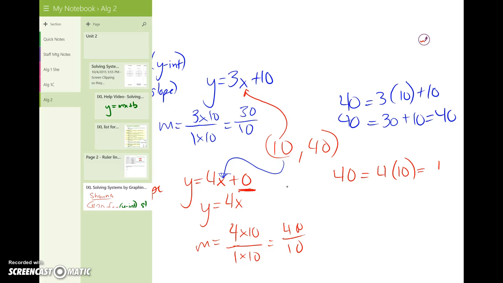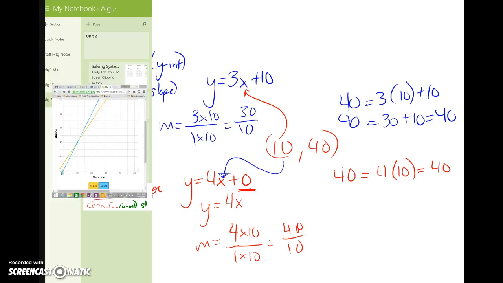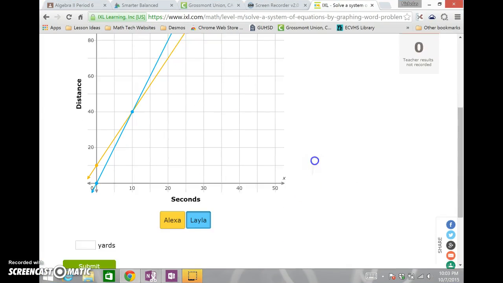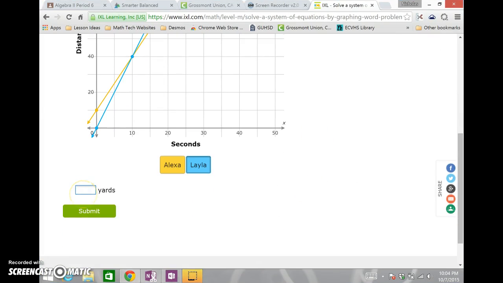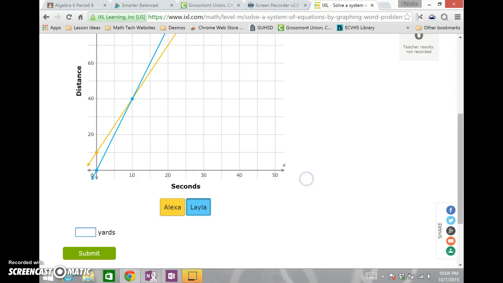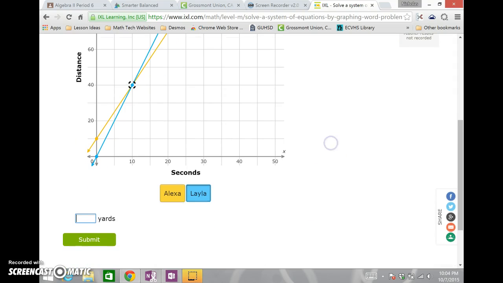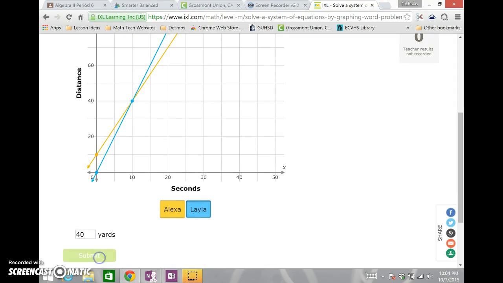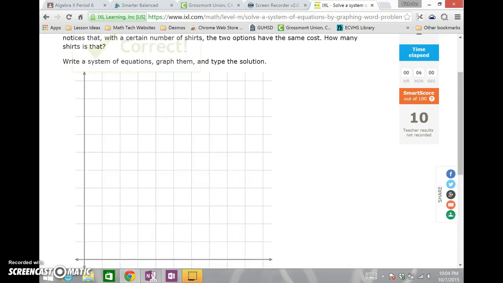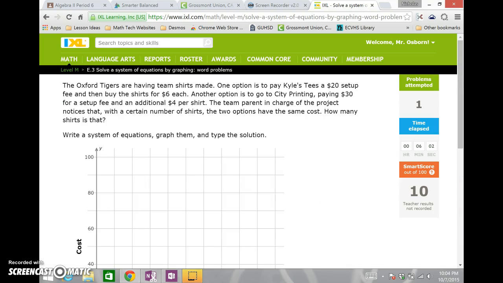And of course we know that 4 times 10 is 40. Okay, so let's go back to our other screen. Now it's asking what was the distance they went, and that is 40 yards. Let's see what it says. Correct. Alright, that's it.